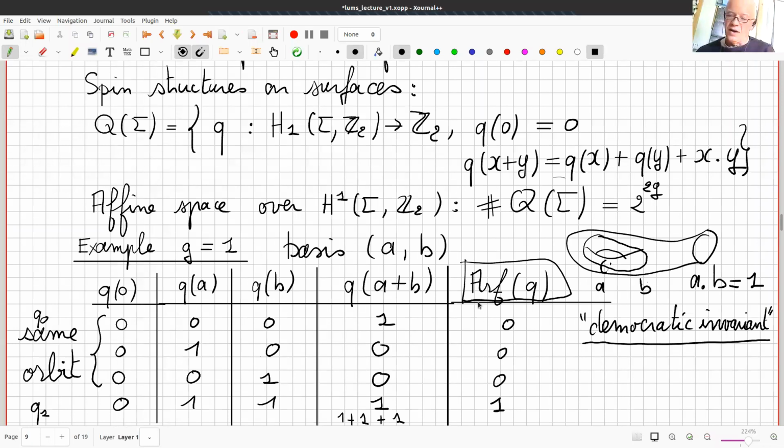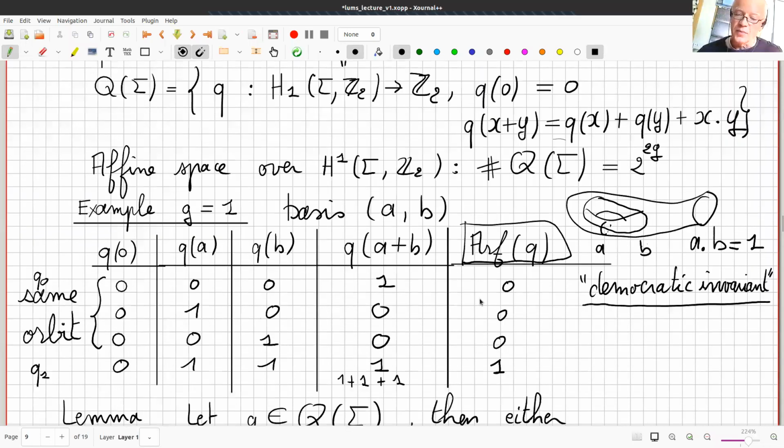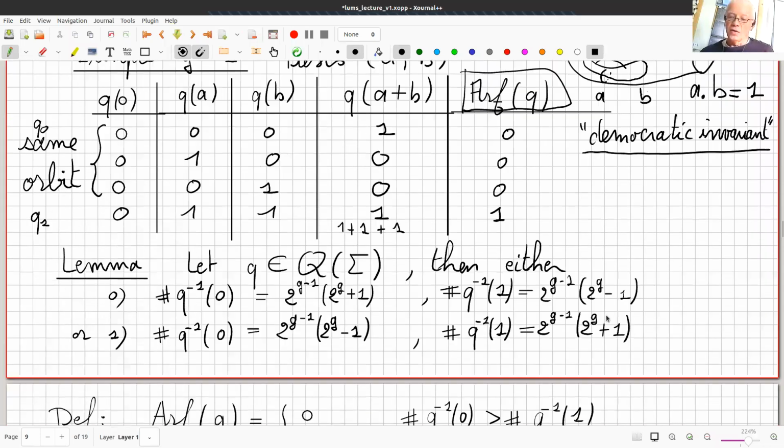And this you can define in general. You can prove, it's not very deep, that if you take a spin structure in general, a quadratic form like this, then either the number of 0s in the image will be 2^(g-1) times (2^g + 1). In genus 1, it was 3. And then the number of 1s in the image is 2^(g-1) times (2^g - 1), or it will be the converse: you exchange the numbers.